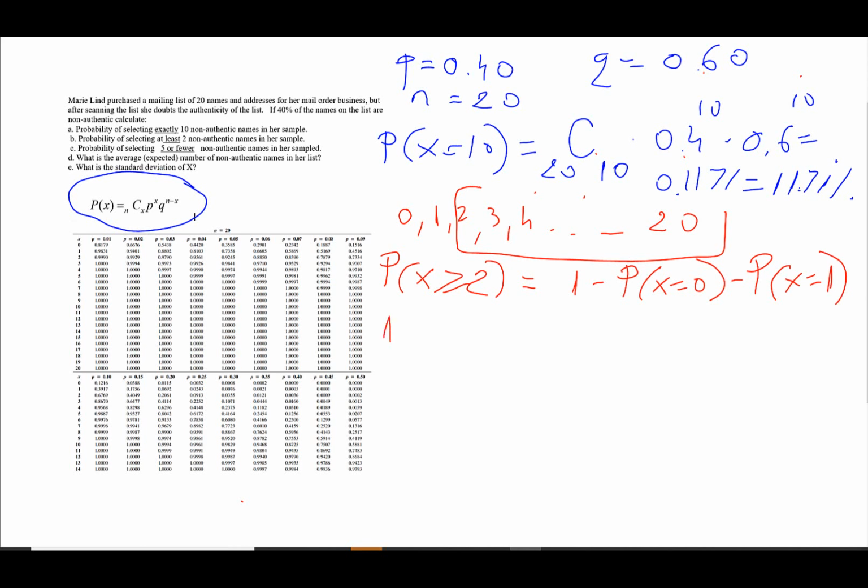So it will be 1 minus combination of 20 choose 0, decimal 4 at power 0 times decimal 6 at power 20, minus combination of 20 choose 1, decimal 4 at power 1 times decimal 6 at power 19.